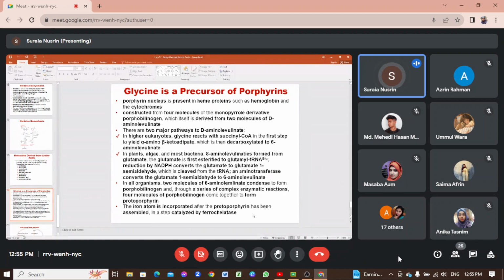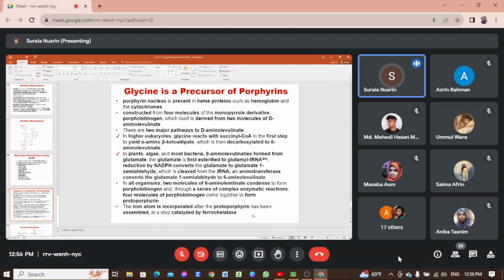Here the simple precursor is the amino acid glycine, a very simple amino acid, and the other precursor is succinyl CoA, a 4-carbon compound. These two give rise to alpha-amino-beta-ketoadipate, which is ultimately decarboxylated to 5-aminolevulinate. The major steps are just mentioned here.